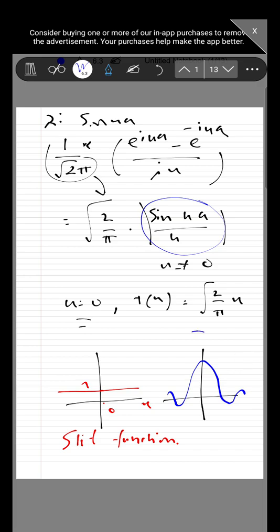So this is your T(u) and this is your f(x). So this value is minus pi by 3. This is also pi by 3, and this is 2 pi by 3. This is minus 2 pi by 3.